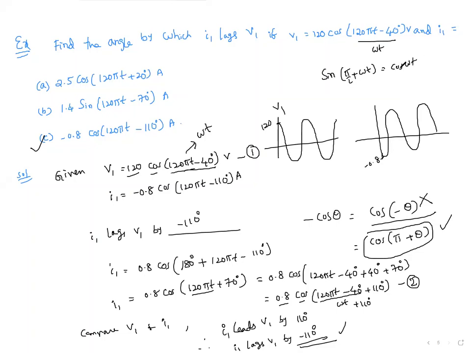Is it correct? Yes, sir. Correct, no? Then instead of this, you can write sine of pi by 2 plus this much total. Then the t index will not change. Pi by 2, an extra 90 degrees, will be added to this. Then V1 is becoming sine now, and I1 current is also in the form of sine. Now you can compare it.